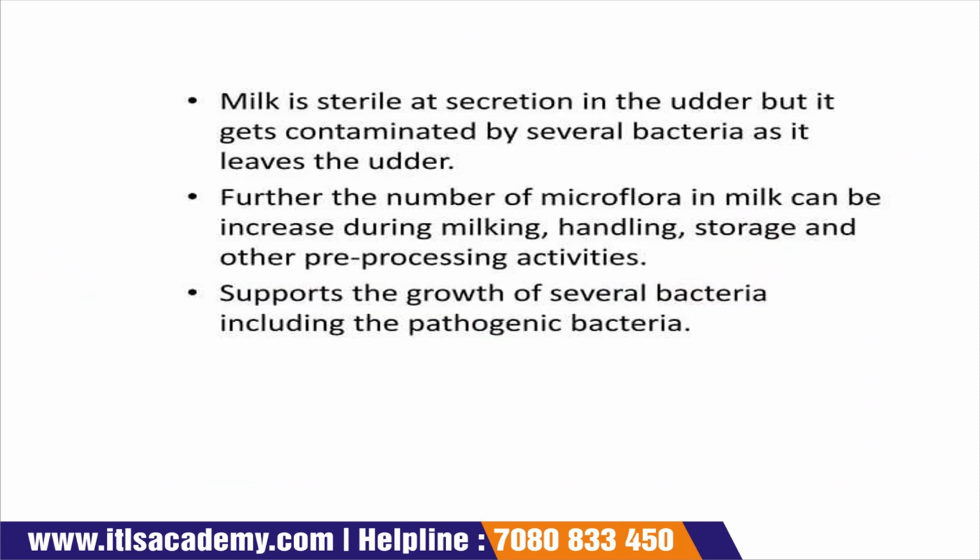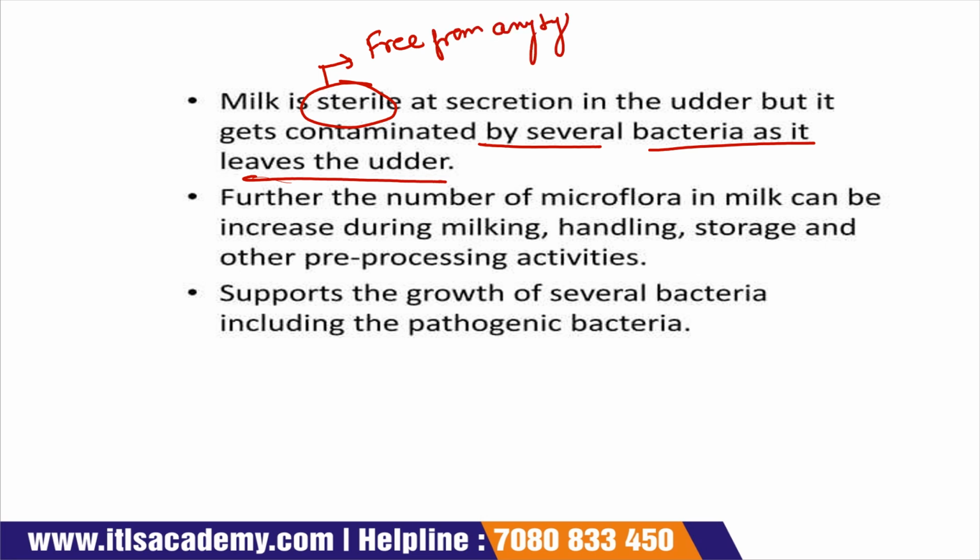This milk is sterile at secretion in the udder but gets contaminated by several bacteria as it leaves the udder. At the time of secretion, this milk is totally pure. Sterile means that it is free from any type of microorganism at the time of secretion.